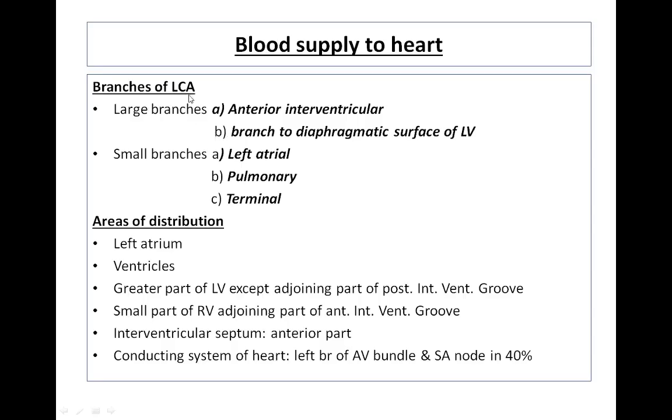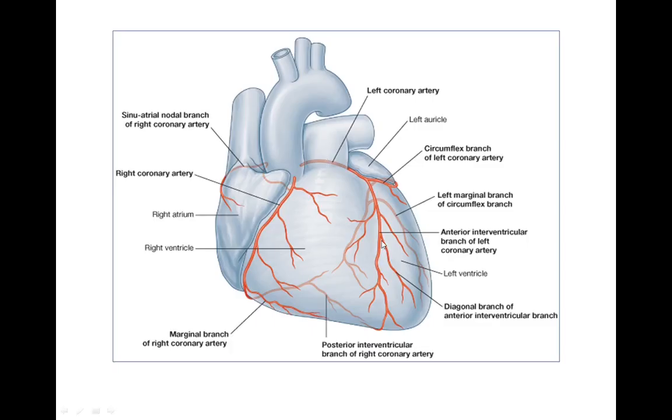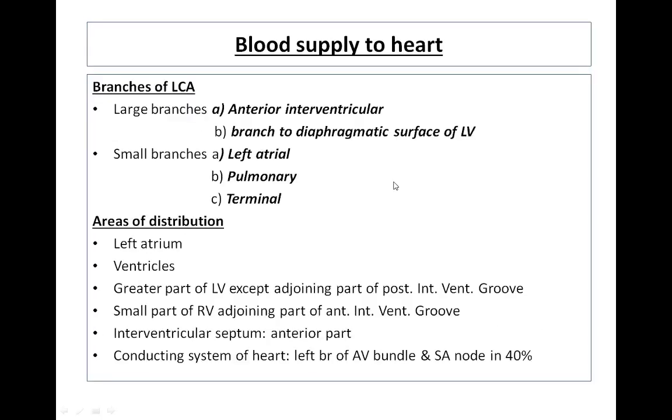Now we come to the branches of the left coronary artery. One branch you already know, the anterior interventricular artery, and this is our circumflex branch. Then there is a branch to the diaphragmatic surface of the left ventricle.